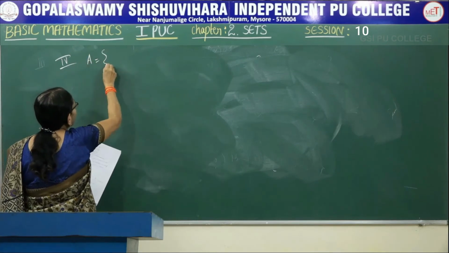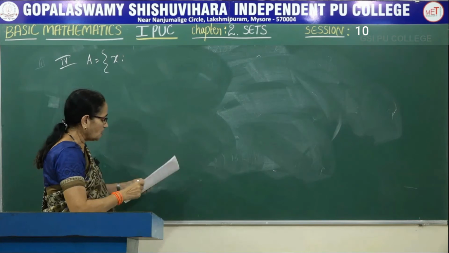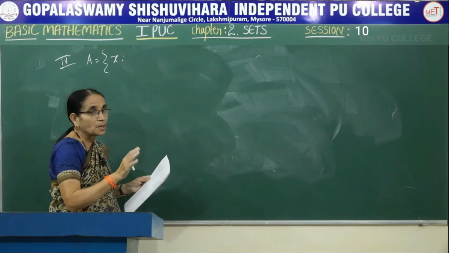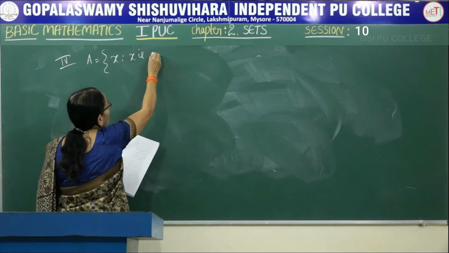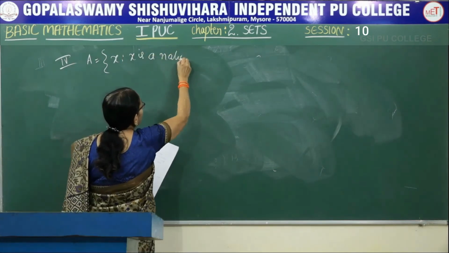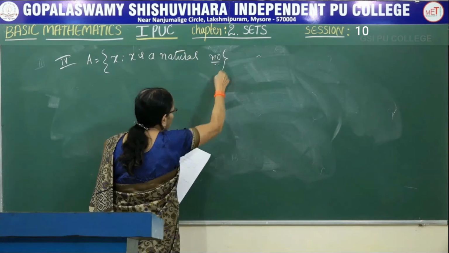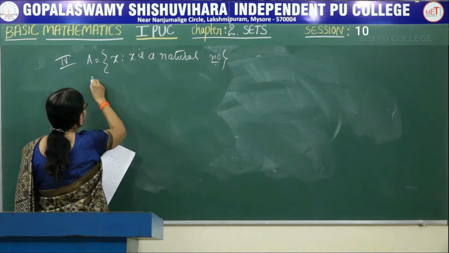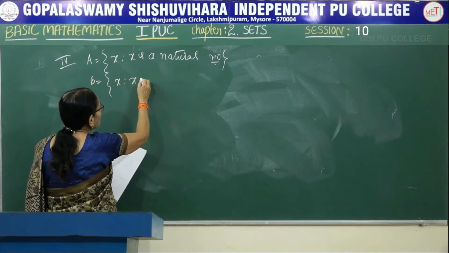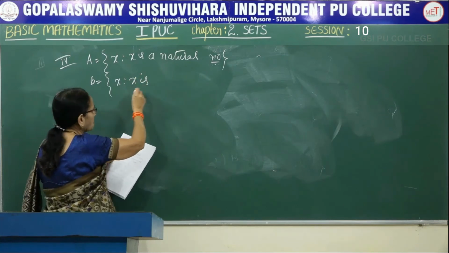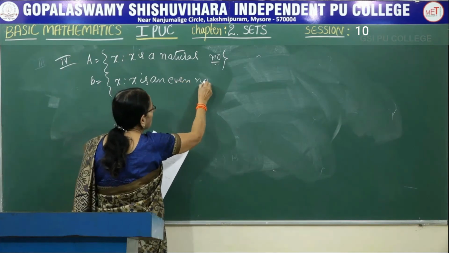Here, I am giving the sets expressed in set builder form. Set A contains all x such that x is a natural number. Set B contains all x such that x is an even natural number.